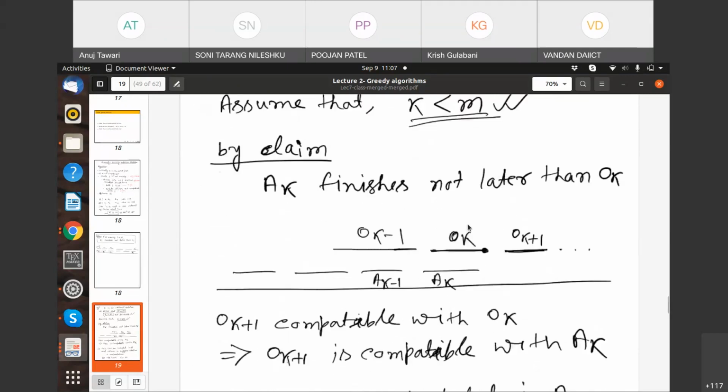And what we do know is that AK finishes not later than OK. So let's say that in the optimal solution, we have at least K plus 1 jobs. There could be more than that. And what we do know is that OK plus 1 is compatible with OK. So does that give you any clue here?